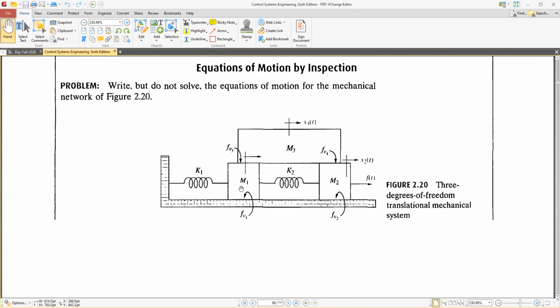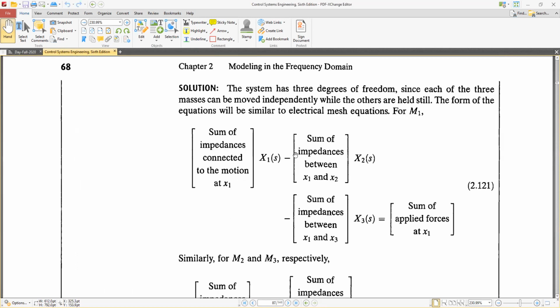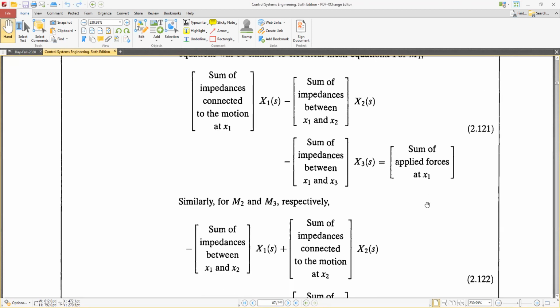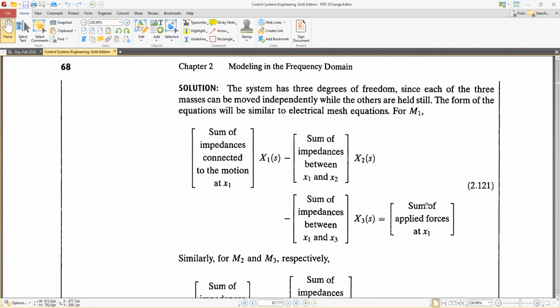Like before, M1, M2, M3: three masses are there. First, for X1, the sum of impedances connected to the motion at X1, minus the sum of impedances between X1 and X2, minus the sum of impedances between X1 and X3, is equal to the sum of applied forces at X1. That is the basic thing.